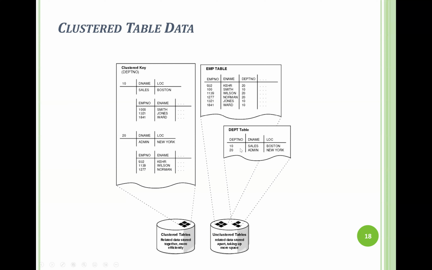If it is a clustered index, you are creating the clustered key on the department number. How will this value be stored? It will take the department number from both the tables, like department number 10, sales, this particular location, and whoever is from the 10th department, it will make the entry here. For example, here the 10th department, Smith.